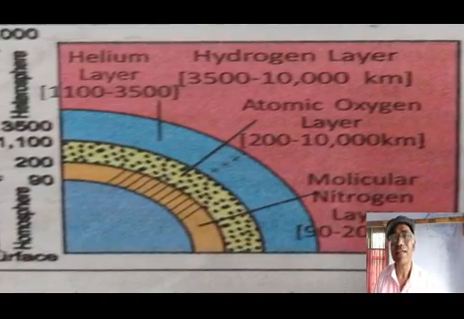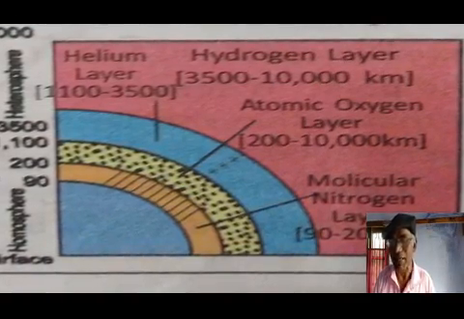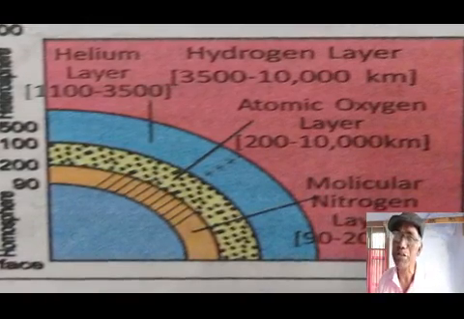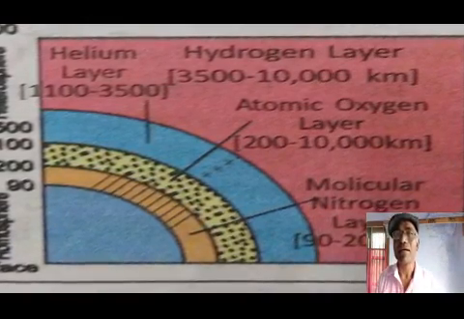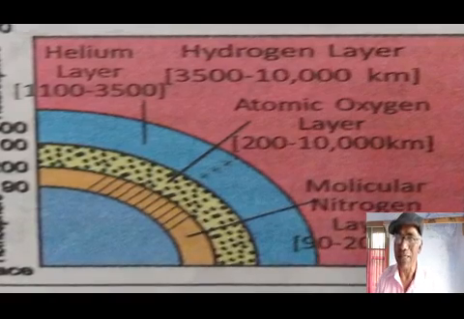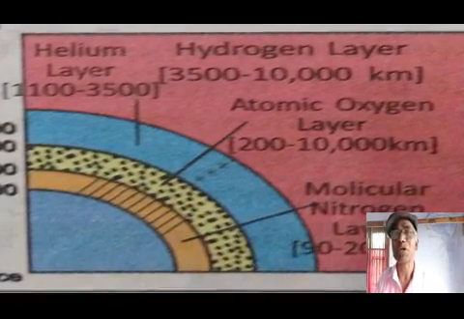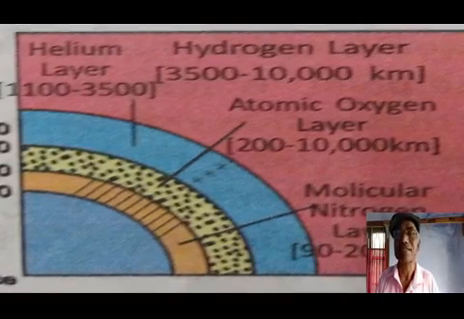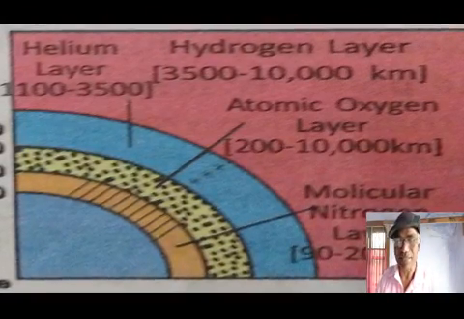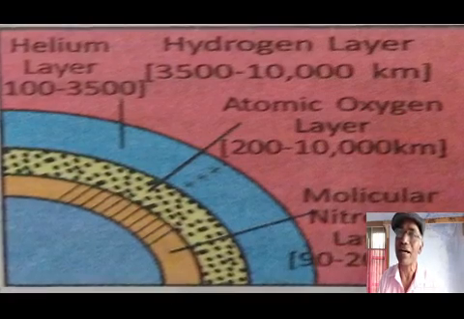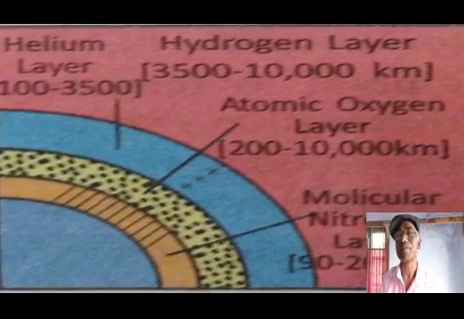Whereas the higher and the upper level of atmosphere is named the heterosphere, which means not in a unified way, where gases are present not in a similar manner or in a similar amount.